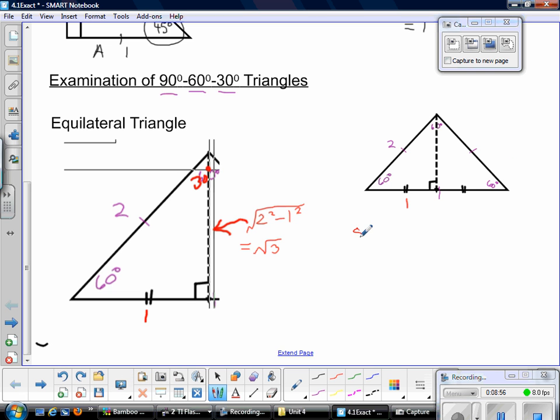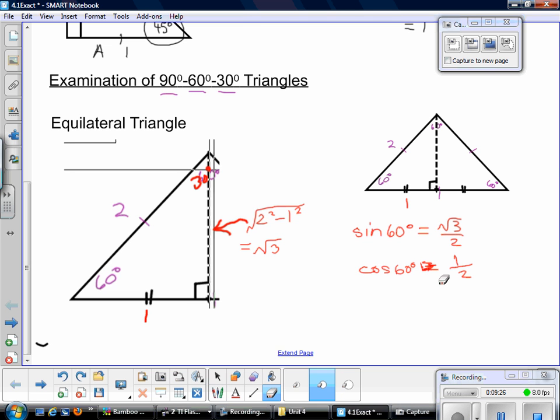So if I want to find the sine of 60 degrees, well, the sine of 60 is opposite, which is square root 3, over hypotenuse, which is 2. The cos of 60 is the adjacent side, which in this case is 1, over the hypotenuse, which is 2. And that little line shouldn't be there.